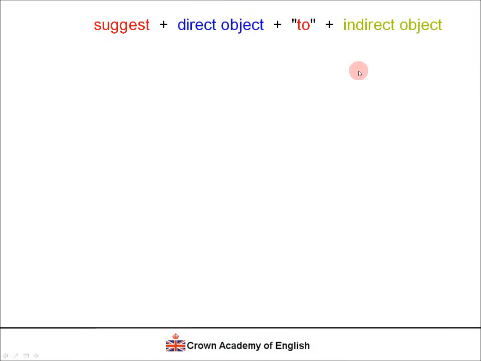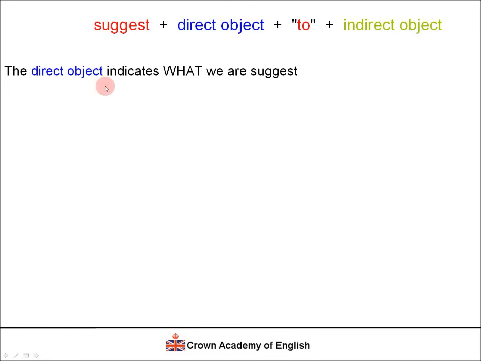So let's look at that. So this is more detailed. We now have a direct object and an indirect object. And before the indirect object, we use the word to.